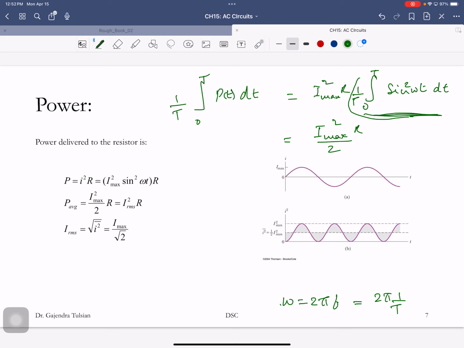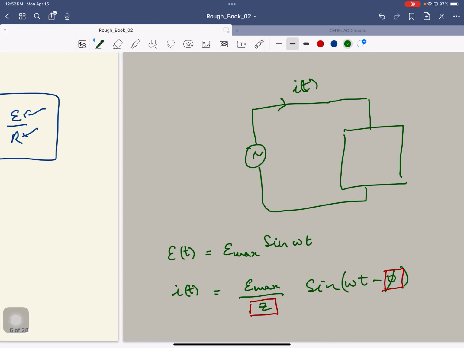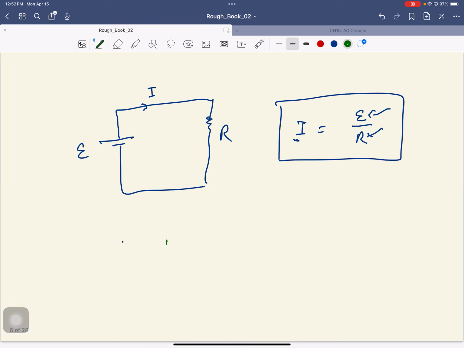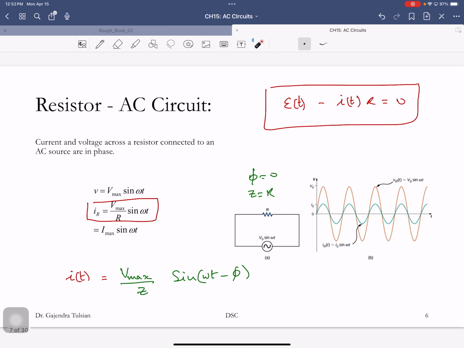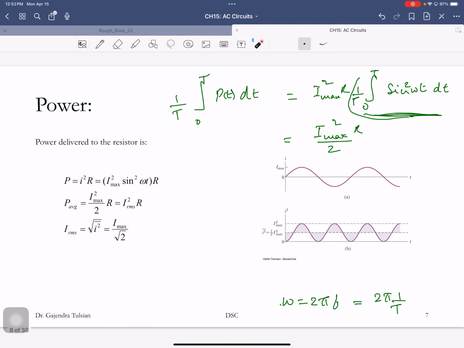All right, so let's go back to our DC circuit. The power delivered to the load is I square R. The power delivered to this load in the AC circuit is I max square R divided by 2.